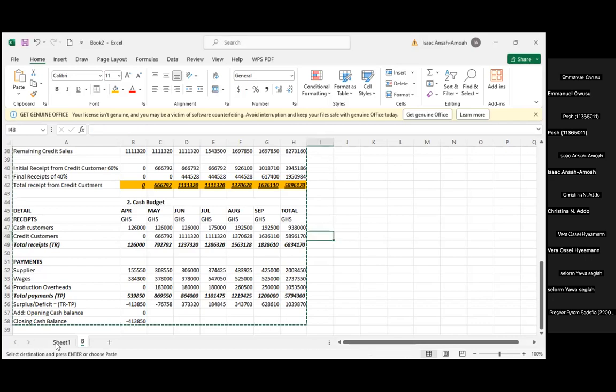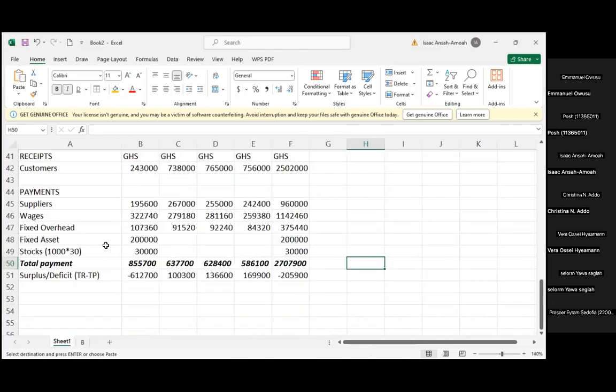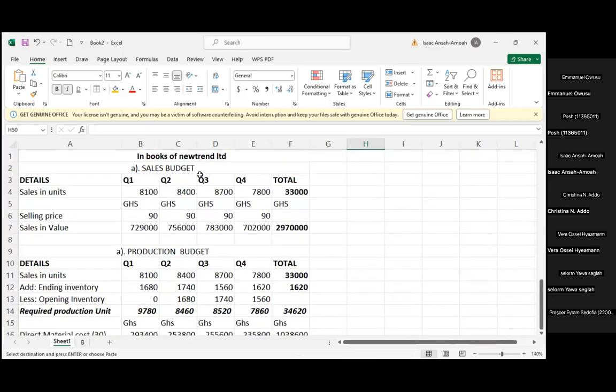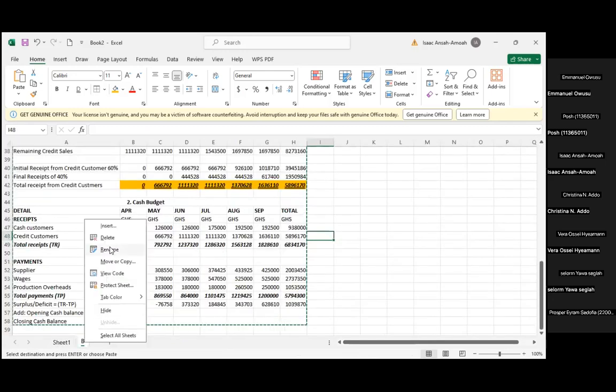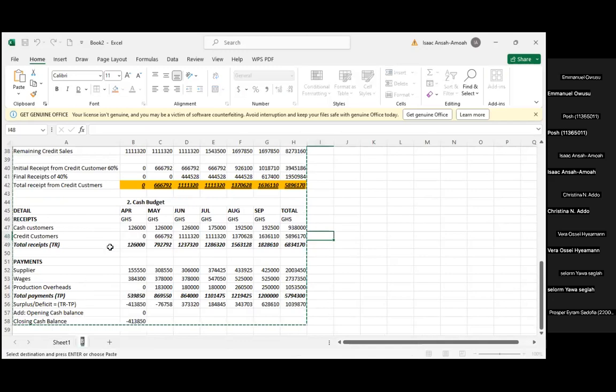Interestingly, this one has the one that we did with Cortes. So for those of you who need a solution to that too, I think you can just get it. The new trend limited question. So I think I have to save this and rename this as boost of check.